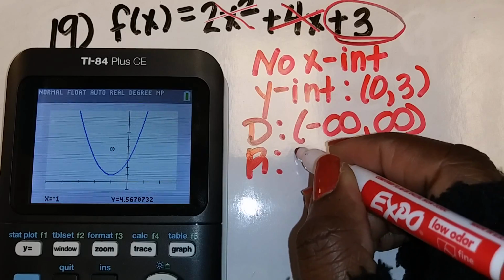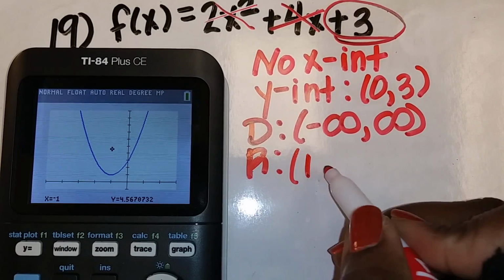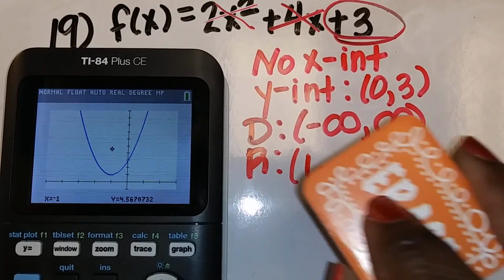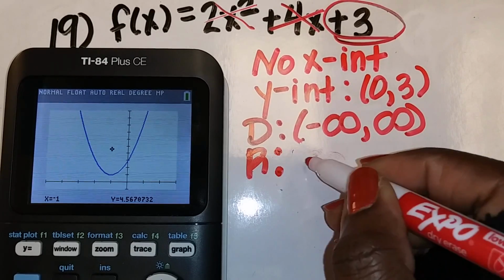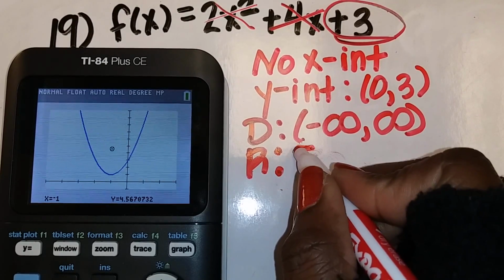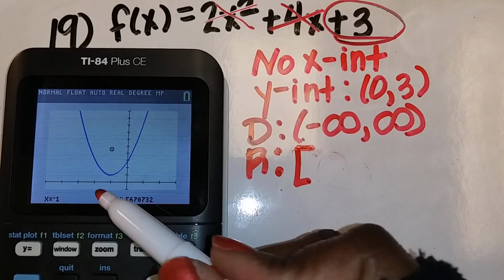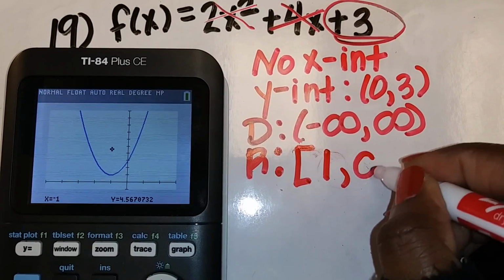Range deals with my y values. I'm at +1 and I'm going up. I'm including 1 because there's no open circle there. I can confirm that by looking at my table. If it doesn't say error, that means it's included. So on my range, I'm starting at the 1 on the y, and it's going up to infinity.